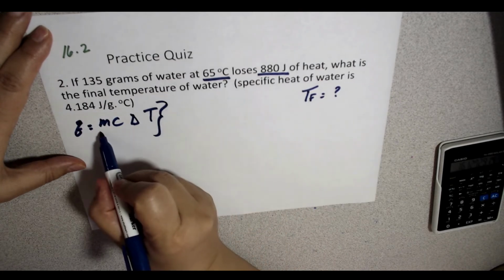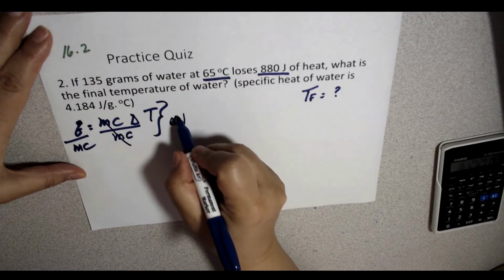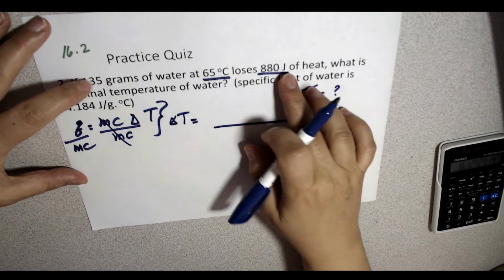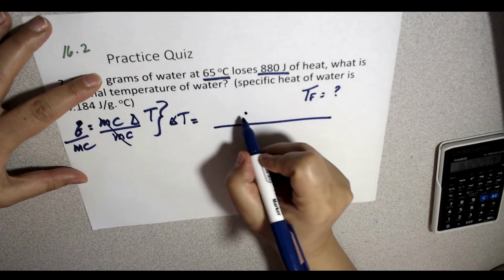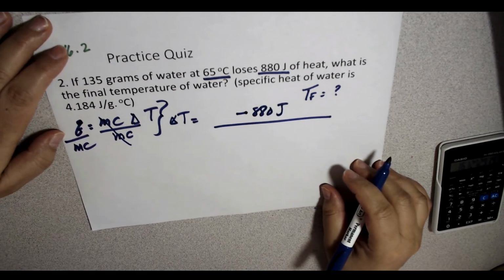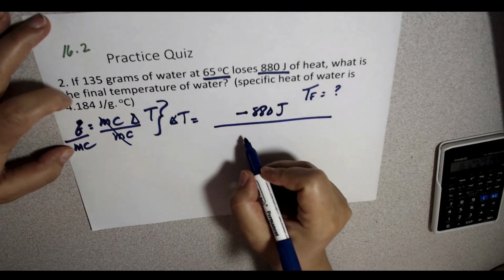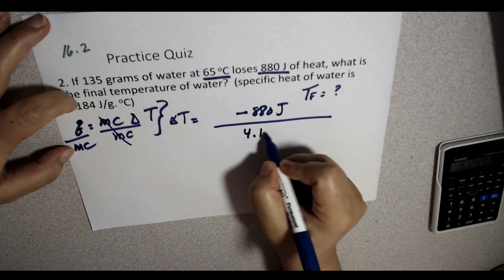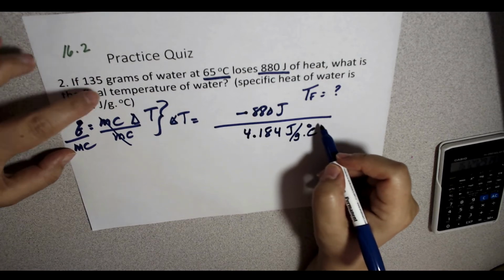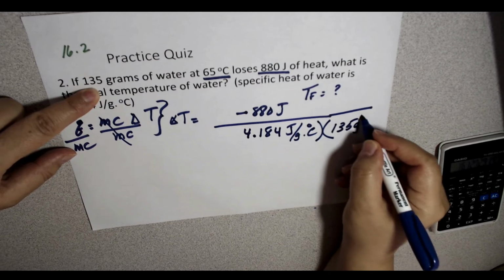To get delta T, I'm going to divide both sides by mc. So delta T equals Q, which loses, so that's a negative 880 joules, and then C is 4.184 joules per gram C. And then the grams are right here, 135 grams.